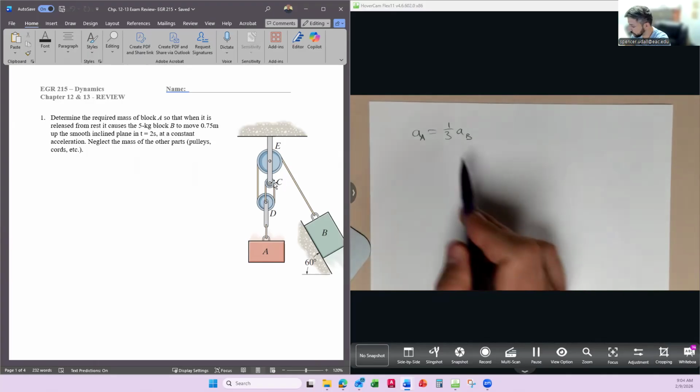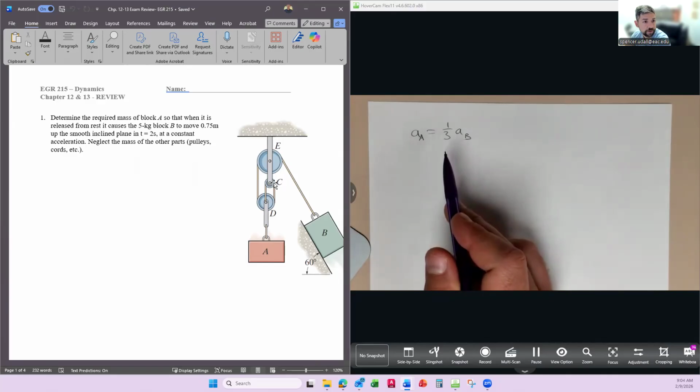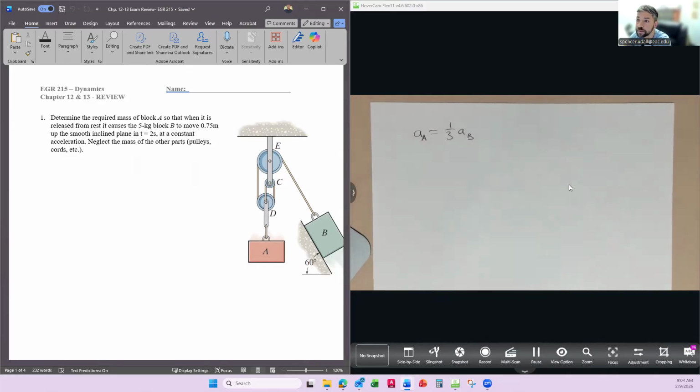We know the acceleration of B is constant, to go in 2 seconds. So I guess we don't know what that is yet. All right, so let's see if we can come up with a constant acceleration for either one.